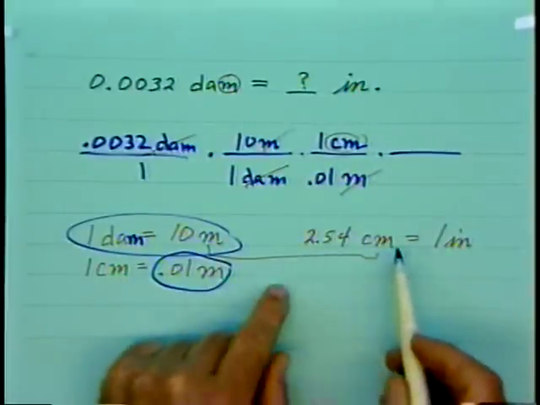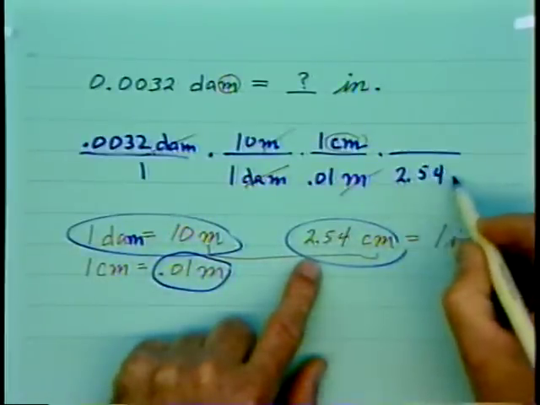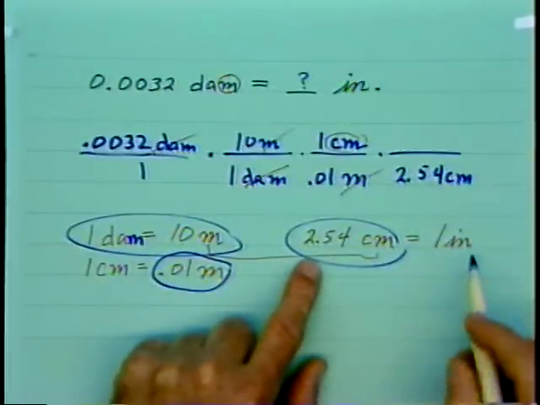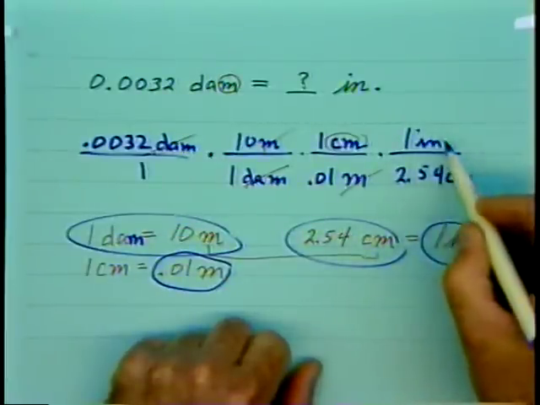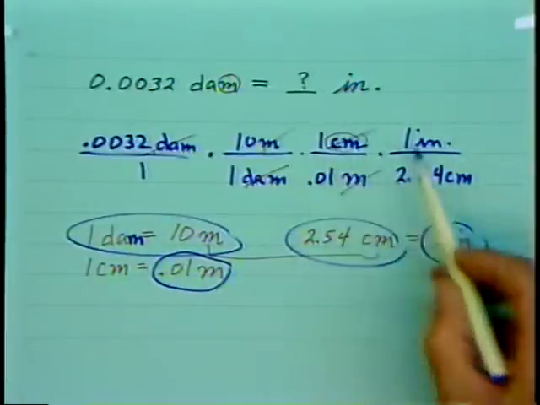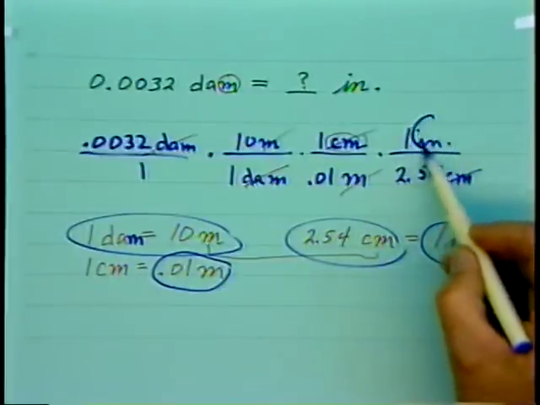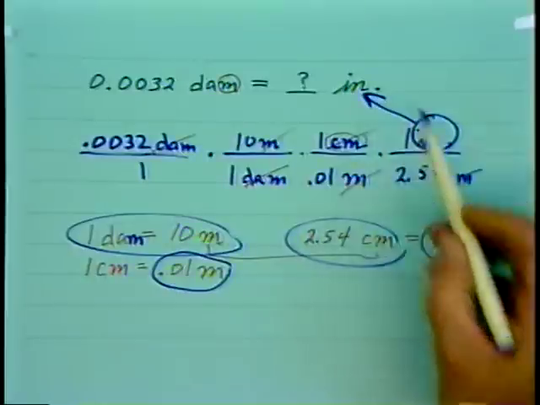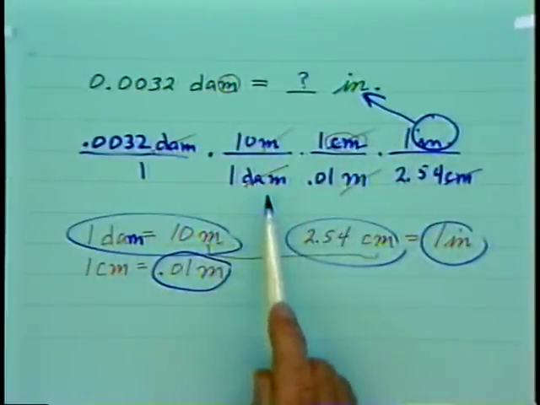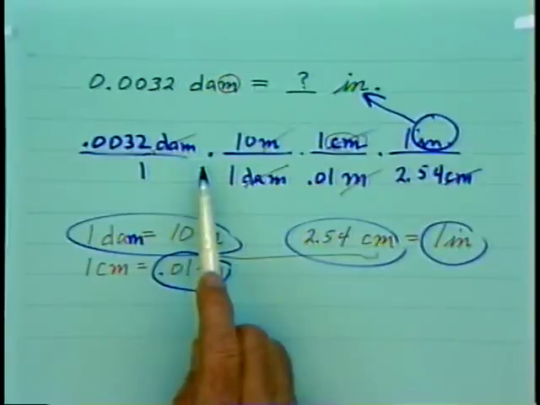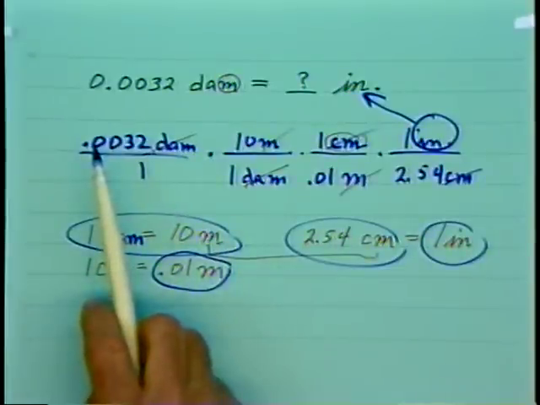So here is something with centimeters. I'll put it on the bottom, and an equal amount on top. Now I did get rid of what I wanted to get rid of, and in this case I ended with a unit I wanted to. So since all of these are logically equal to 1, I'm multiplying by 1, which tells me nothing has changed, so all that remains for me is to do the arithmetic after the fact.